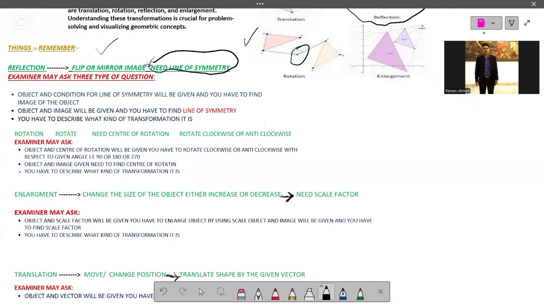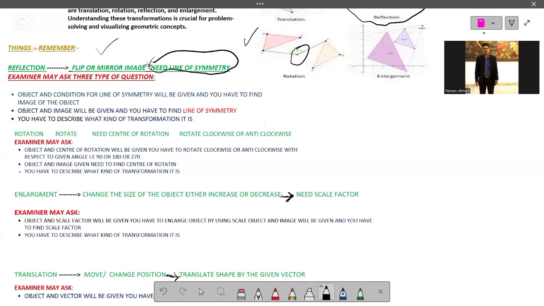For example, the examiner may ask three types of questions regarding reflection. The first possibility is that the object and the condition for the line of symmetry will be given, and you have to find the image of the object.